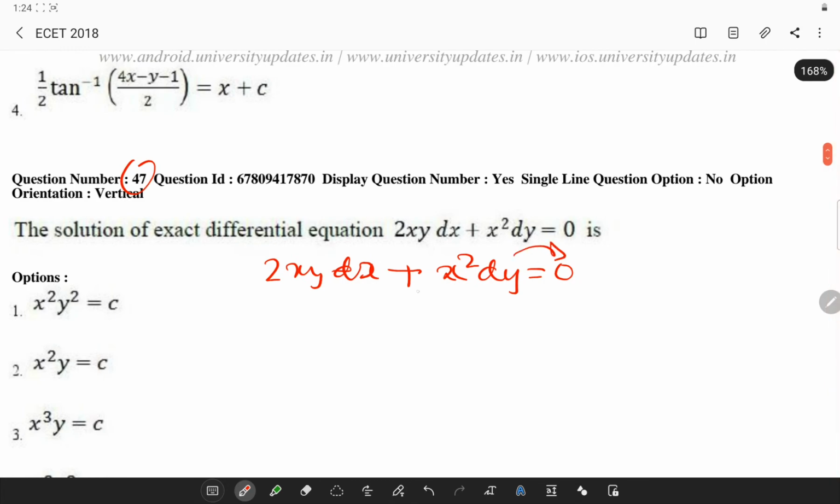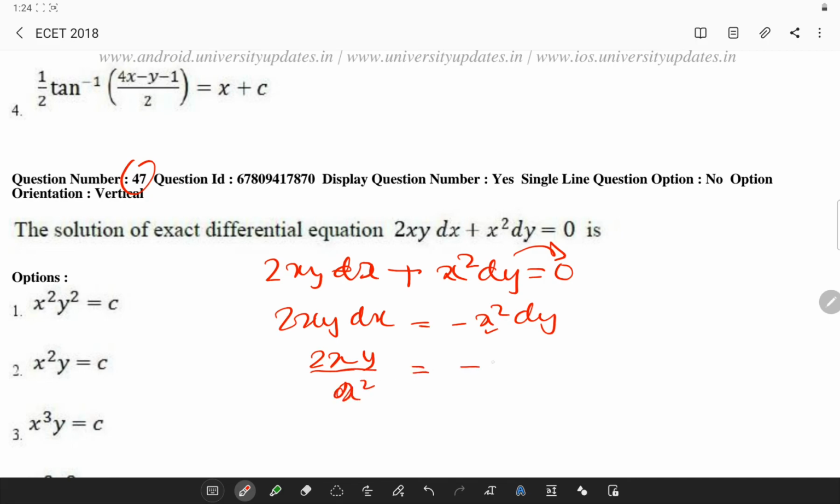If I send this to the other side, I have 2xy dx = −x² dy, and if I divide both sides by x², I will be left with 2x/x² dx = −dy/y. So I will have (2/x) dx = −(1/y) dy.